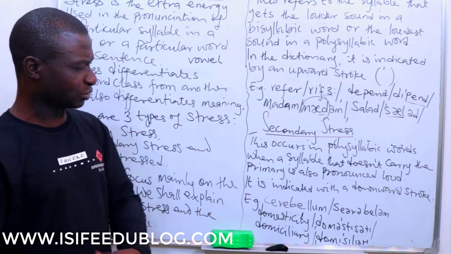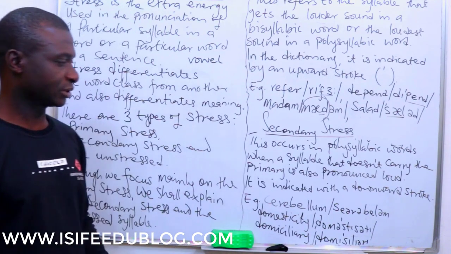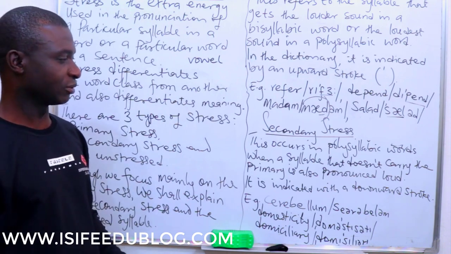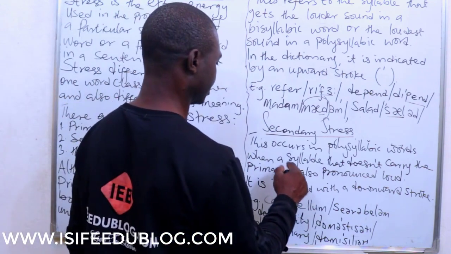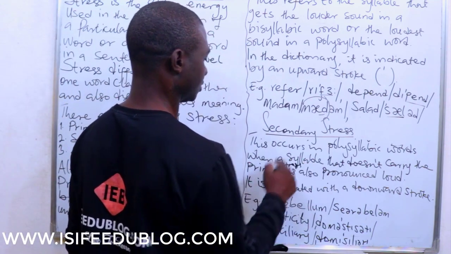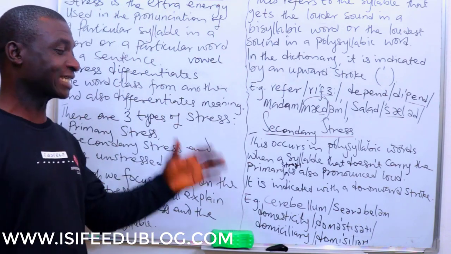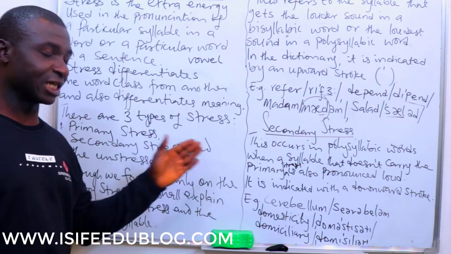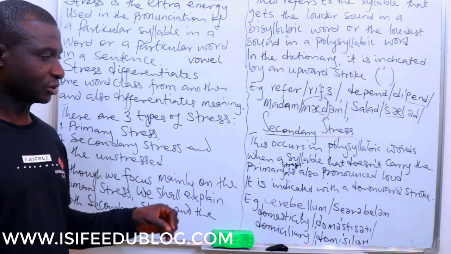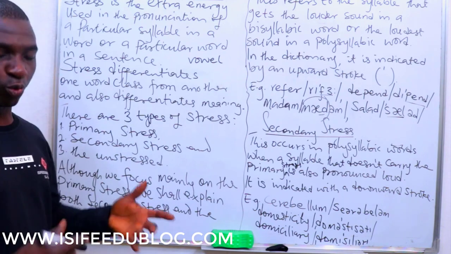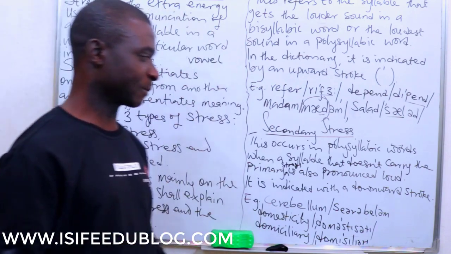Now, the secondary stress, we said, occurs in polysyllabic words when a syllable that doesn't carry the primary stress is also pronounced loud, though not as loud as the syllable with the primary stress, but there is strength in such a syllable. It is not weak as to be considered unstressed.